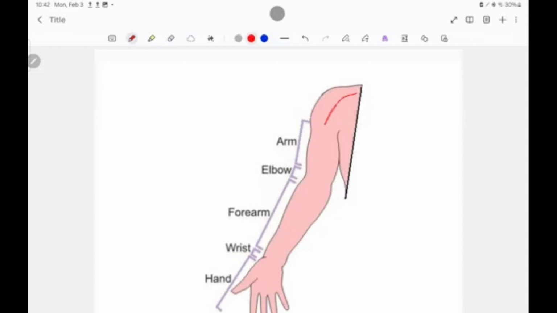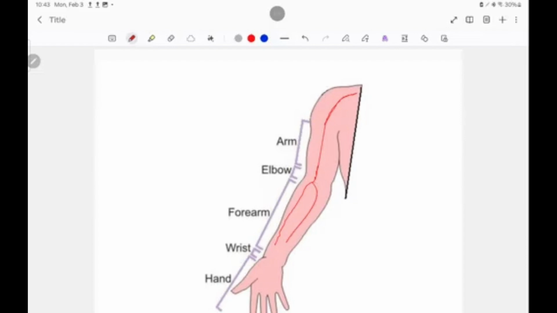Let's suppose that this is the level of teres major. We will go down. Here is the elbow. So at the elbow, the artery will split. Here's the radial part, and there's the ulnar artery.